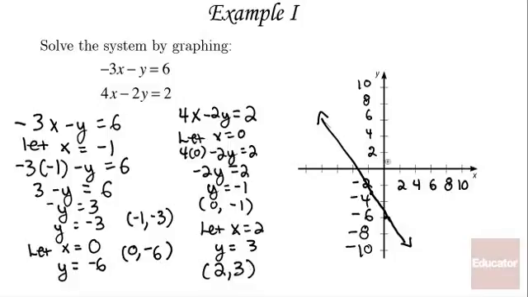Graphing out this second line. 0, -1 is right here. Second set of points, 2, 3 is right here. Using these to draw my line, what I'm going to find is that I have a unique point of intersection.